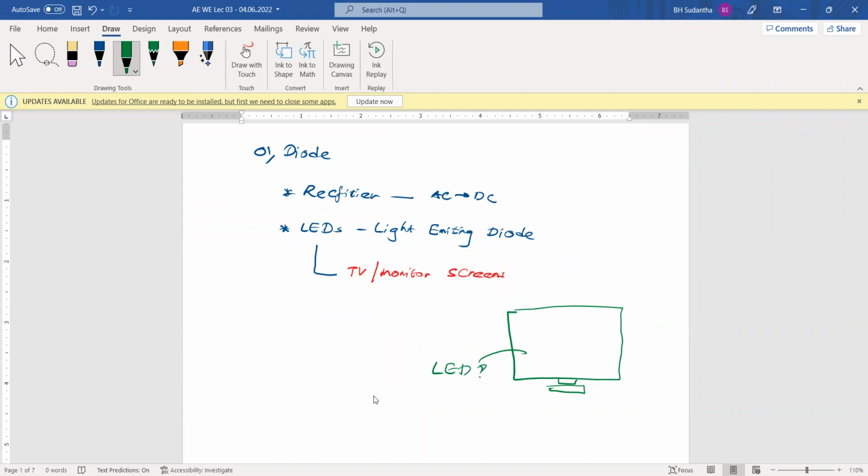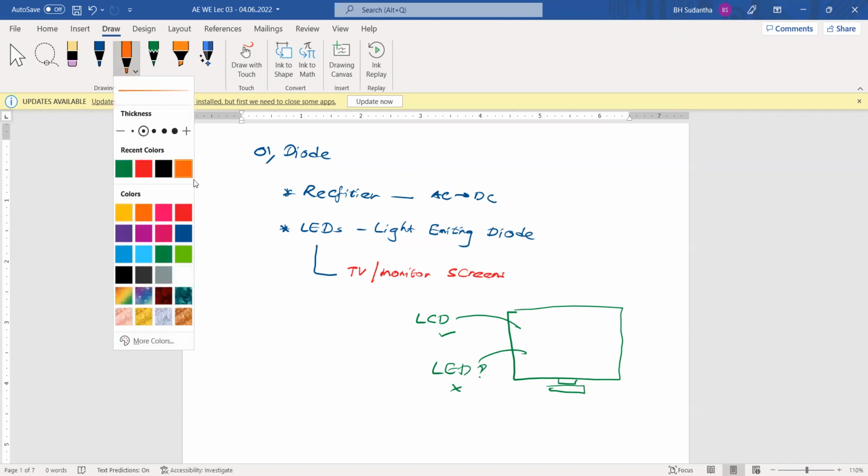These screens are LCD, liquid crystal, not LEDs. How can they put this LED TV or LED monitor term there without anyone being able to take legal action for putting wrong information there? They have done that. So how do they light up this screen?